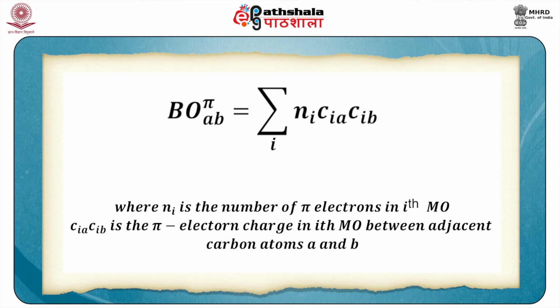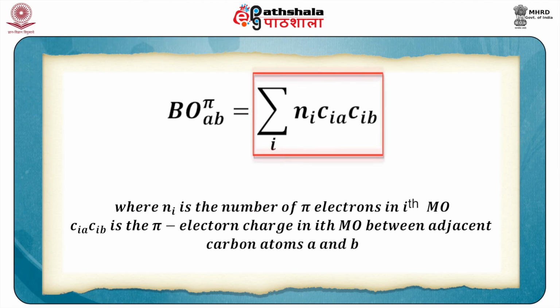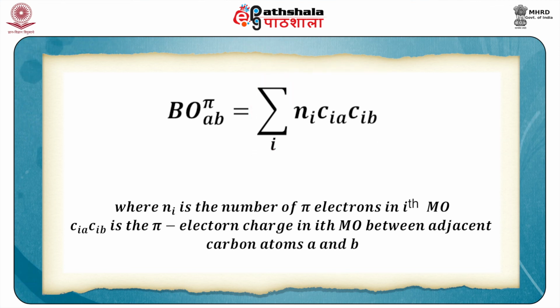As you can see, this is equal to summation Ni Cia Cib, and the summation is over i. Naturally, the summation here would also be over all those molecular orbitals which are occupied. So using this, one can very easily calculate the pi bond order between any two adjacent atoms.